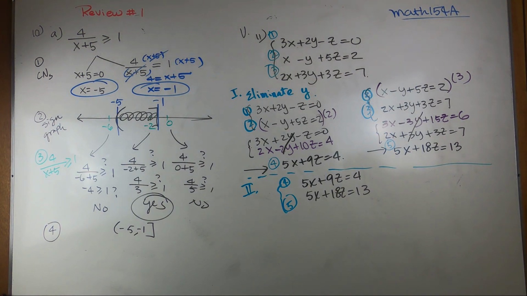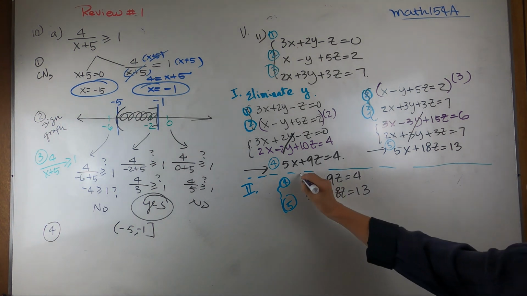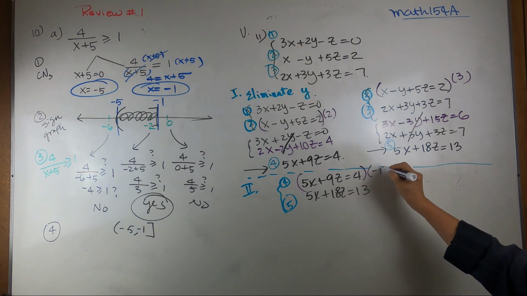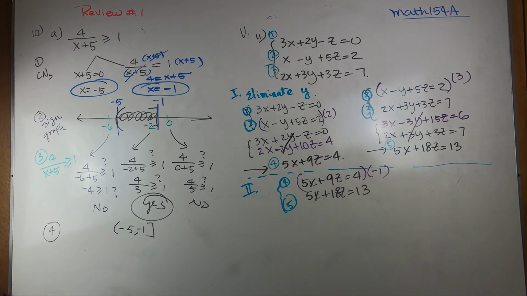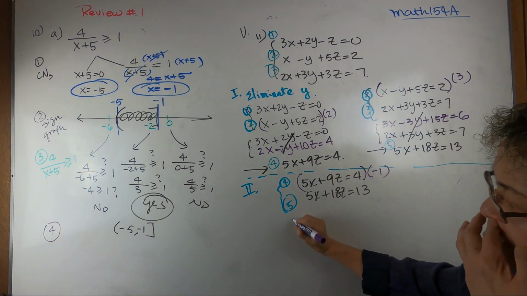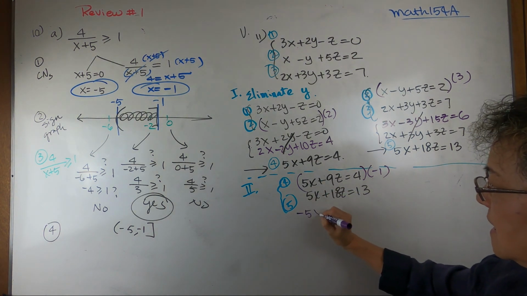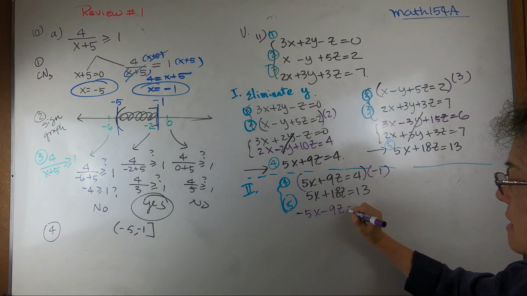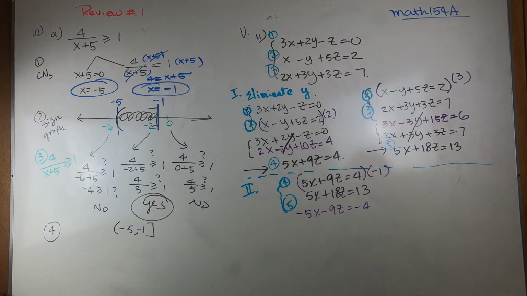So what do you think? Which one do you want to eliminate? x looks easier. So you multiply this by -1. One has to be positive, one has to be negative. So that would be -5x minus 9z equals -4.